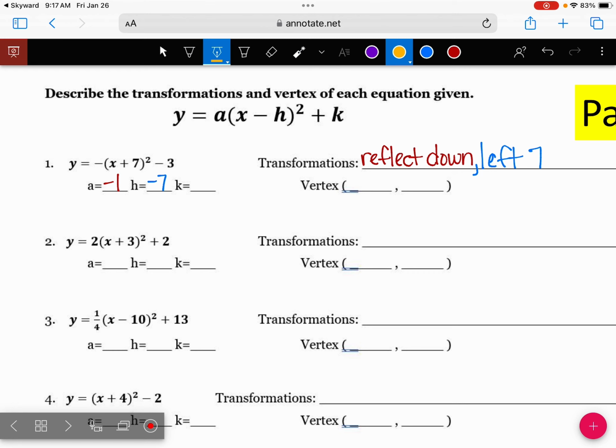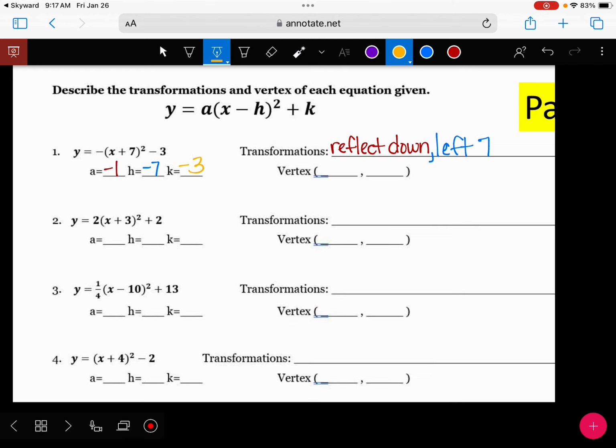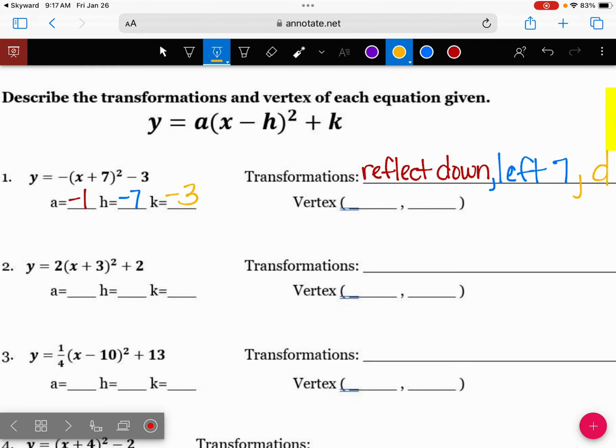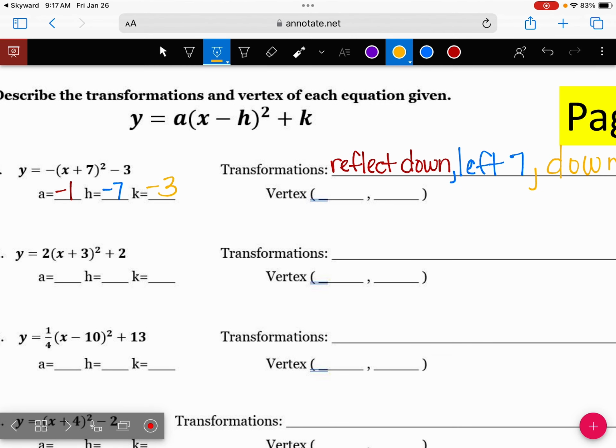K is -3, so that's going to cause our graph to go down 3. Those are our transformations. The vertex, which is the lowest part of the parabola, is always at H, K. So for this one, our vertex is at (-7, -3).